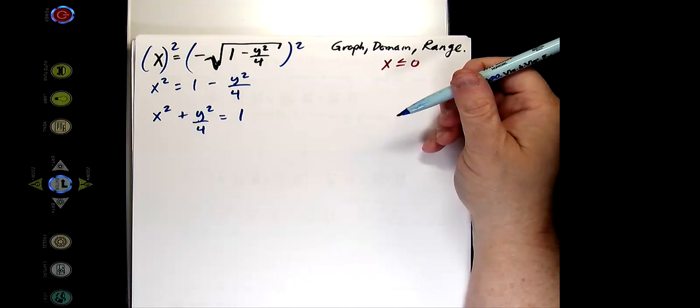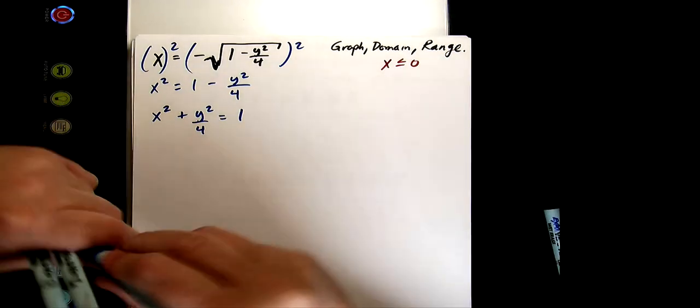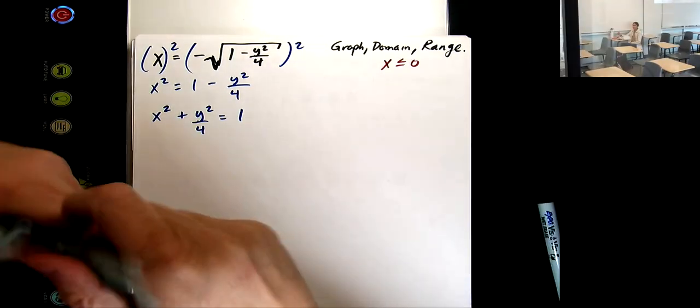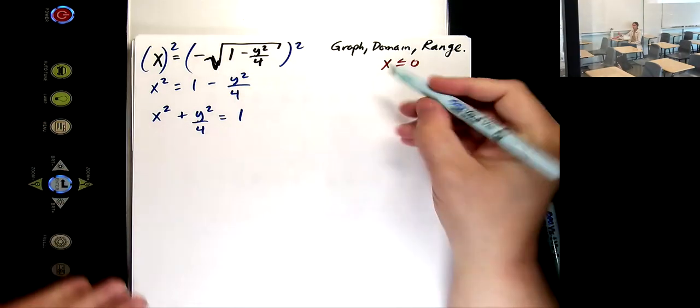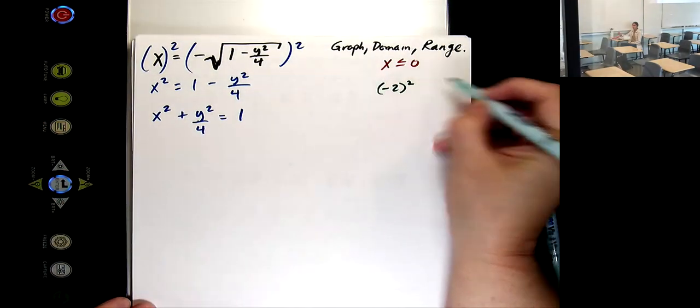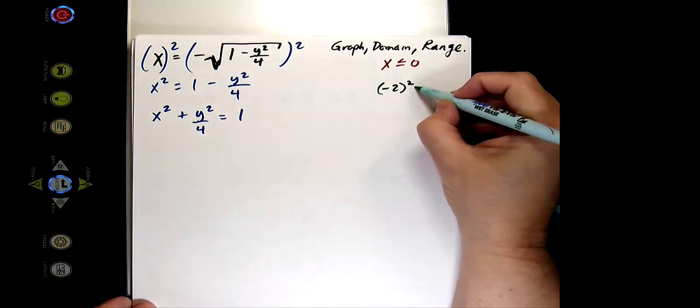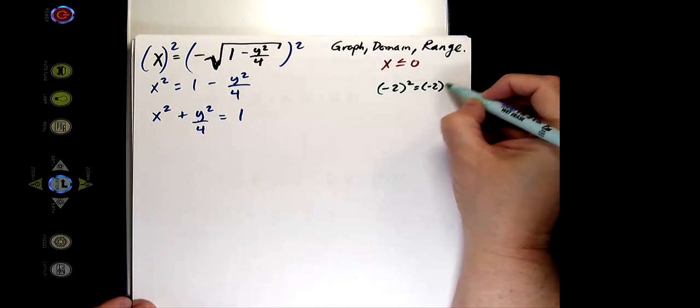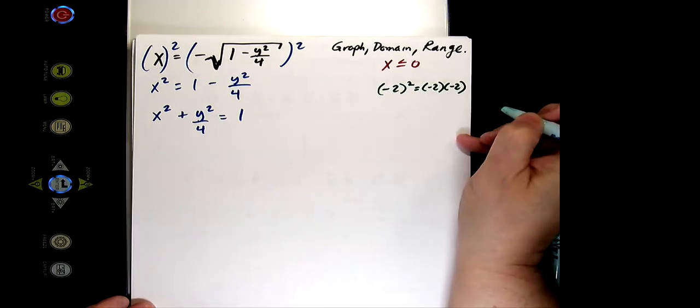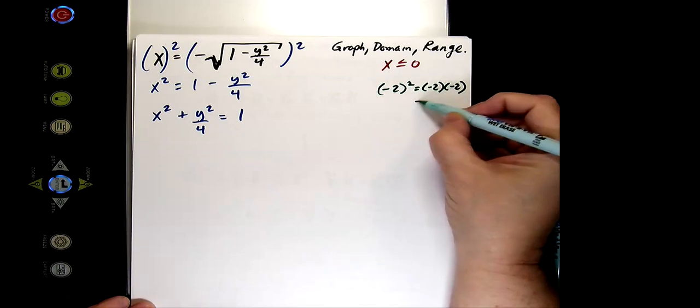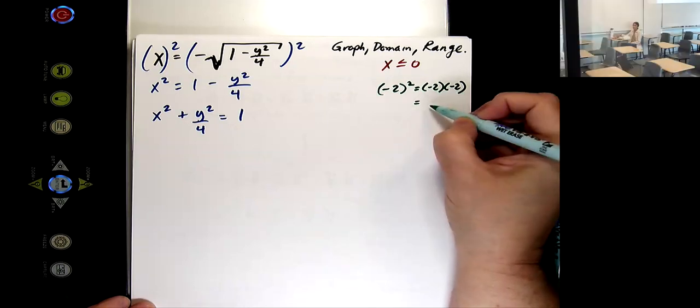What happens to the negative outside the radical when it's squared? So picture if I squared -2. Remember what squaring is. Negative times a negative is a positive.